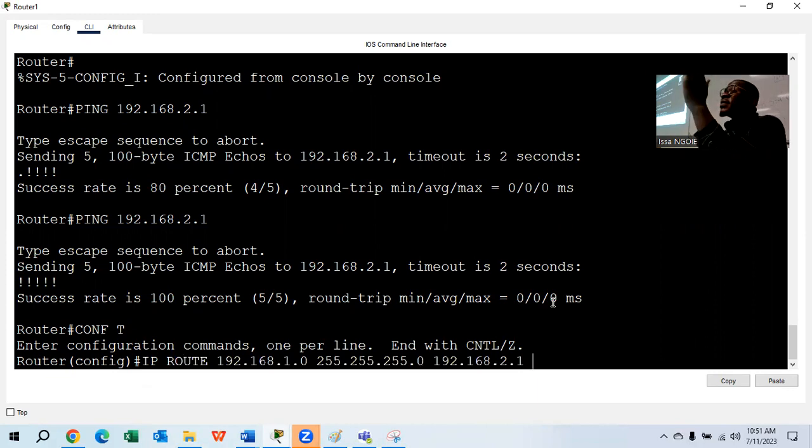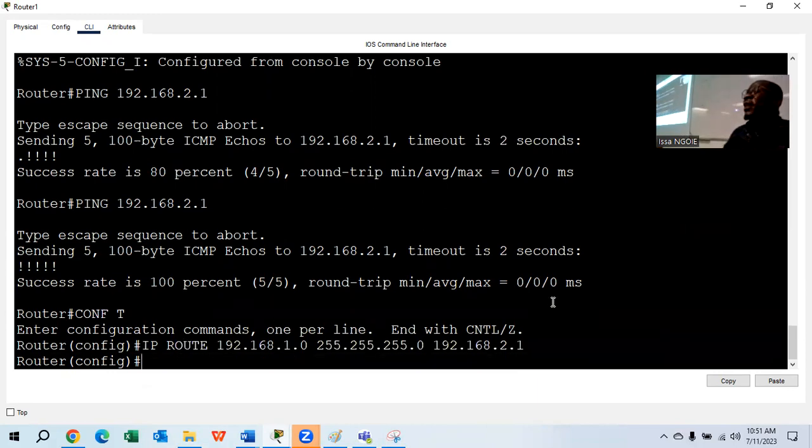So IP route, destination IP, destination subnet mask, and the incoming IP, the IP from that destination router that will allow my data to come in. And you say enter, right?